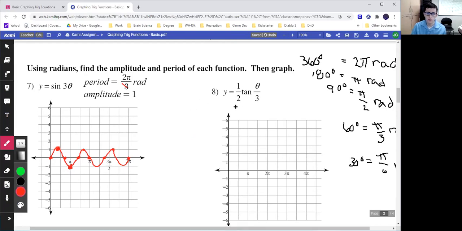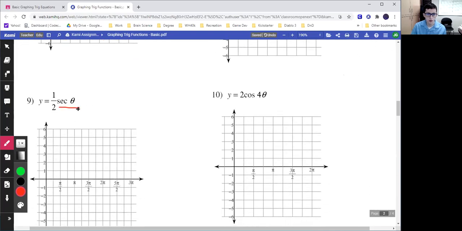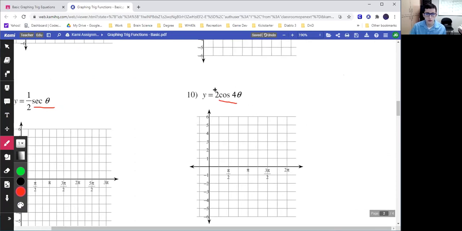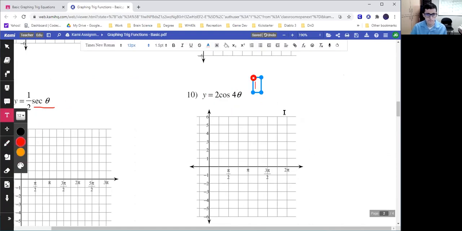Okay. We're not going to worry about tangent. We're not worried about secant yet. Let's talk about cosine. We can see that our amplitude is going to be 2, and that our period is going to be 1/4 of the normal period. So amplitude will be 2.